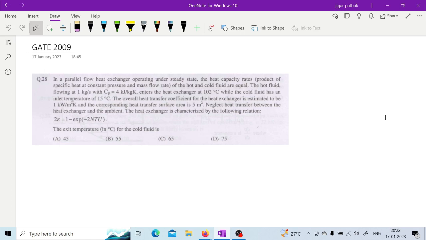The overall heat transfer coefficient for the heat exchanger is estimated to be 1 kilowatt per meter square Kelvin, and the corresponding heat transfer surface area is 5 meter square. Neglect heat transfer between the heat exchanger and the ambient. The heat exchanger is characterized by the following relation: the effectiveness relation is given. You need to calculate the exit temperature of the cold fluid. Can you try this one? Yes, sir. Yeah, so please try.